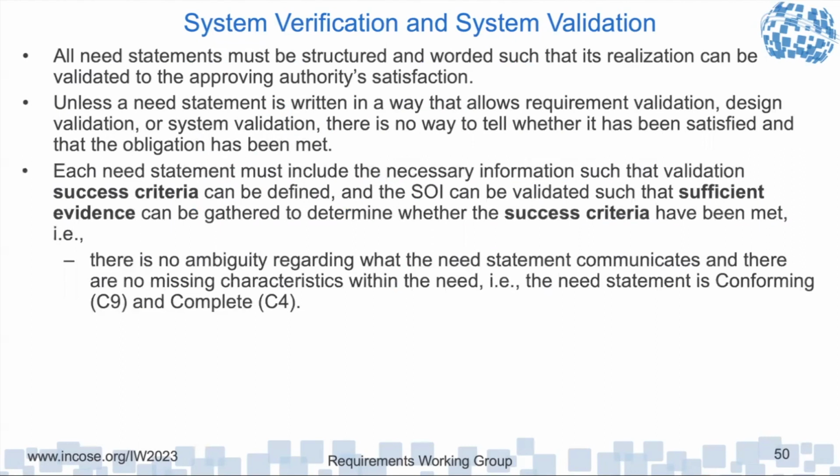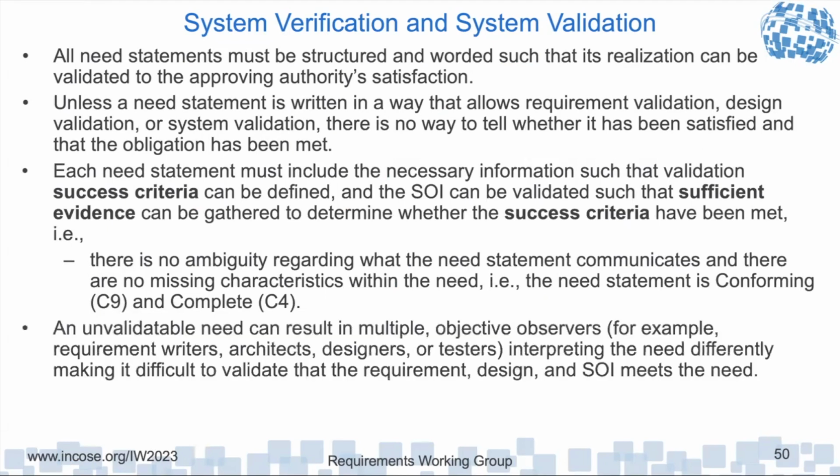So each need must include the necessary information such that validation success criteria can be defined, and the system of interest can be validated such that sufficient evidence can be gathered to determine whether the success criteria has been met, i.e. there's no ambiguity regarding the need statement, what it communicates, and there's no missing characteristics within the need. It's conforming and complete.